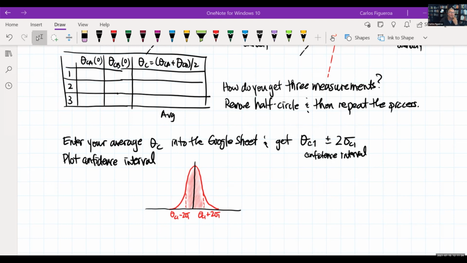where am I looking at? Here, give me a moment.